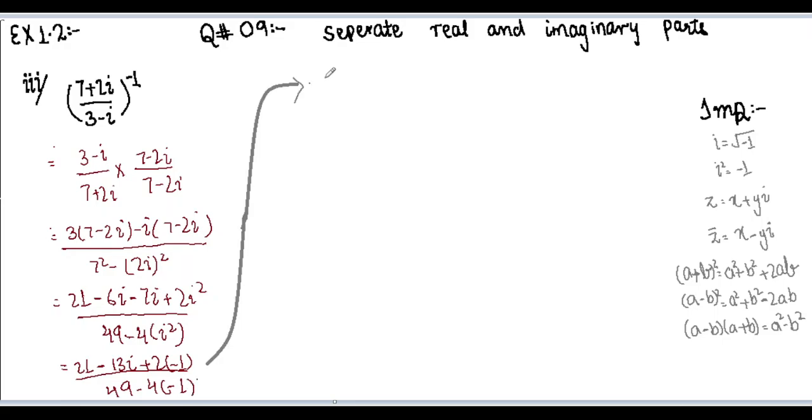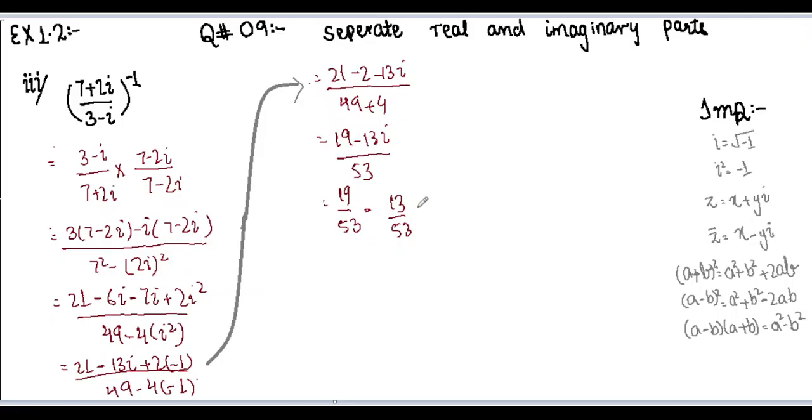Now the next step says 21 minus 2 minus 13 iota divided by 49 plus 4, which equals 21 minus 2 gives us 19 minus 13 iota divided by 49 plus 4 gives us 53. So 19 divided by 53 minus 13 divided by 53 iota.